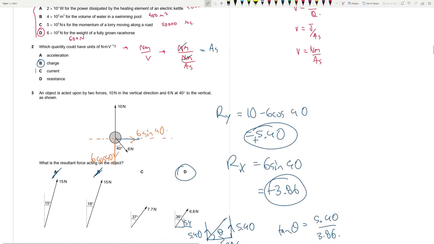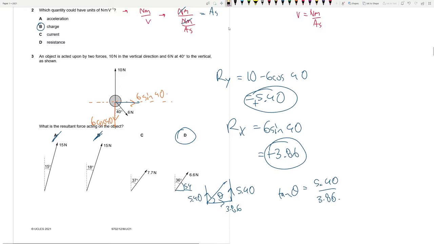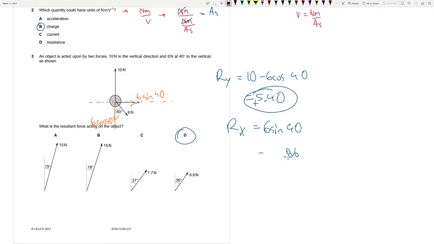An object is acted upon by two forces, 10 newton in the vertical direction and 6 newton at 40 degrees to the vertical as shown. Let's try to figure this out.